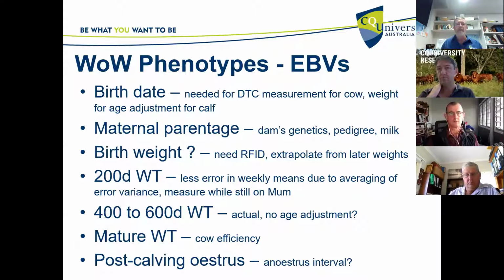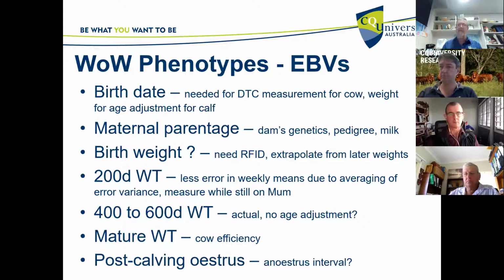In terms of the 200-day to 600-day weights, BREEDPLAN accepts walkover weigh weights as the mode of measurement, and likewise for mature cow weight. I've got a question mark there on anestrus interval. Obviously, there's a bit of work required there to use the RFID sequence of the bull following the cow into the system, and essentially to get an anestrus interval, you need to have bulls in there, or a teaser animal at least, or a souped up steer, to get information.